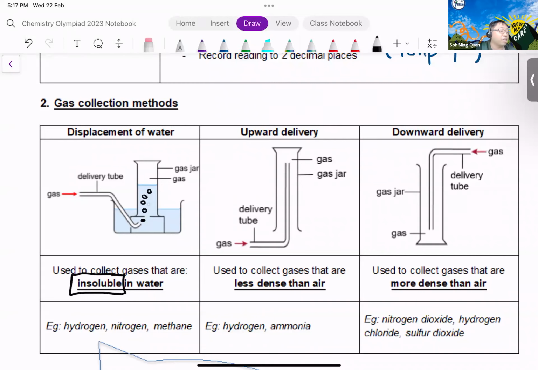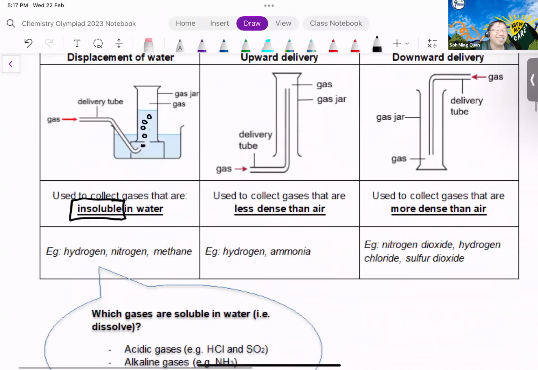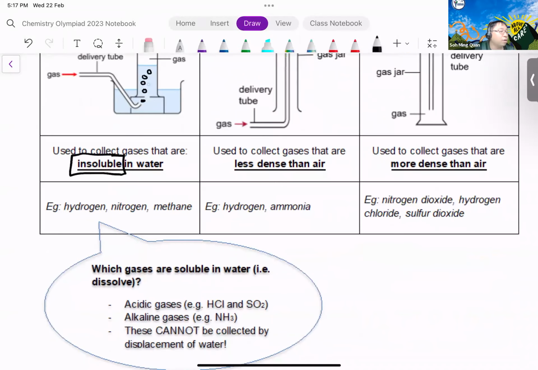It's actually easier to learn which gases are soluble. Acidic and alkaline gases are soluble in water. For example, SO2 and NH3 (ammonia) are soluble in water, so they cannot be collected by displacement of water.